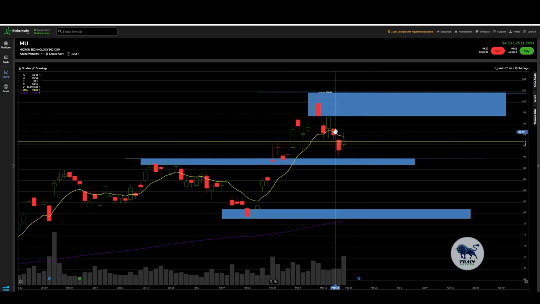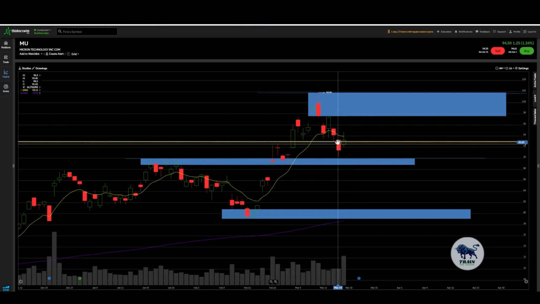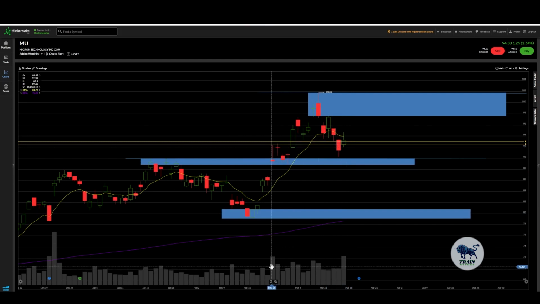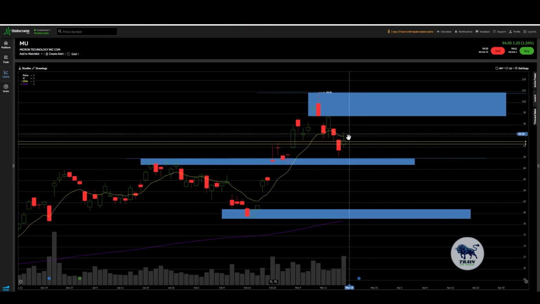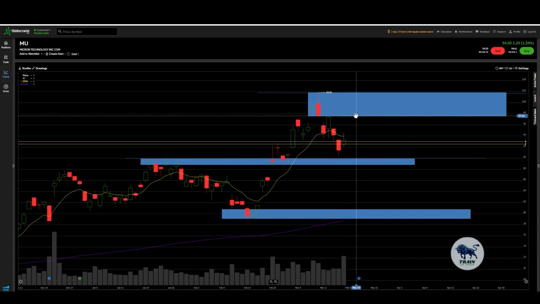Now, it went as high as 94.72 and it closed Friday at 93. So it pulled back a little bit, but we're not discouraged by that because the technicals are still showing strong, and this huge bar of volume right here is a great indication that we will continue to the upside and go test this supply zone here.